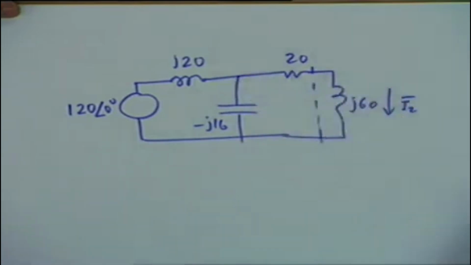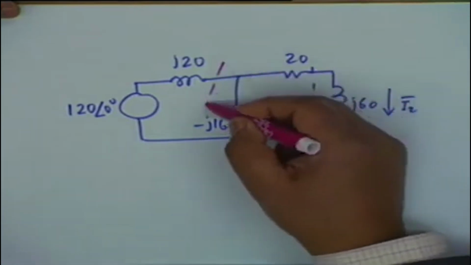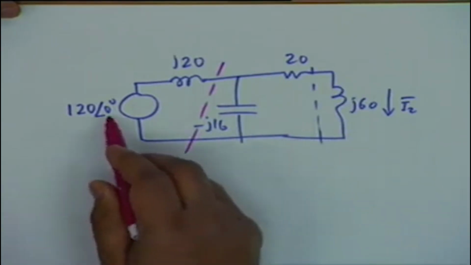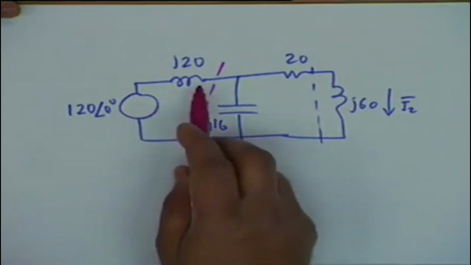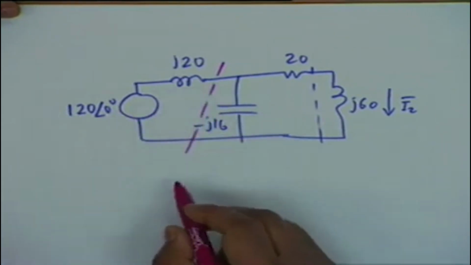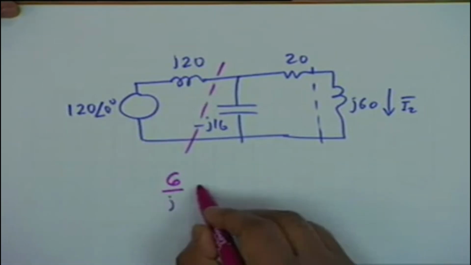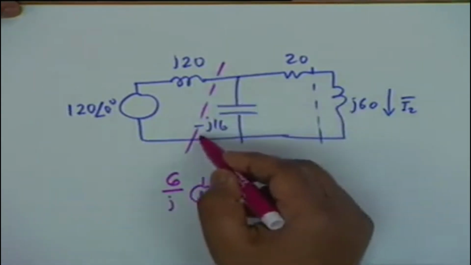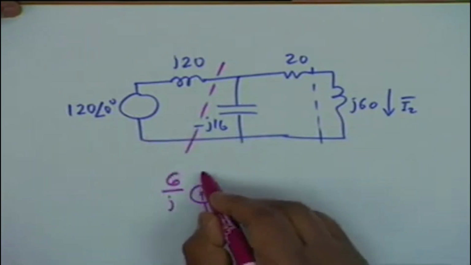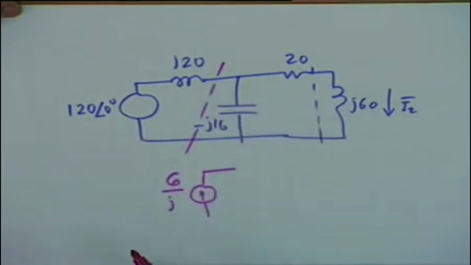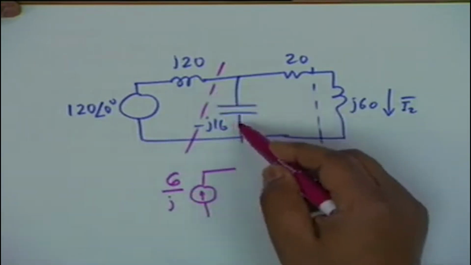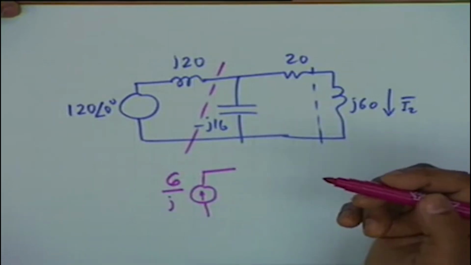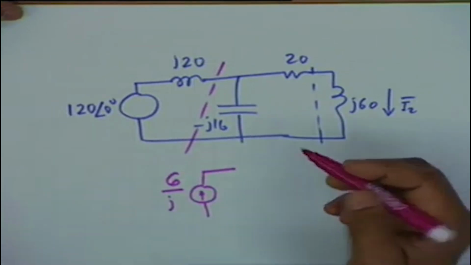Source transformation. What we do is we first apply Norton's theorem to the left of these two lines, then we get 120 at 0 degrees divided by J20, and therefore it would be 6 divided by J. This is a current source, all right. If I apply Norton's to the left of this current source in parallel with J20, this comes in parallel with minus J16, and therefore the equivalent admittance.